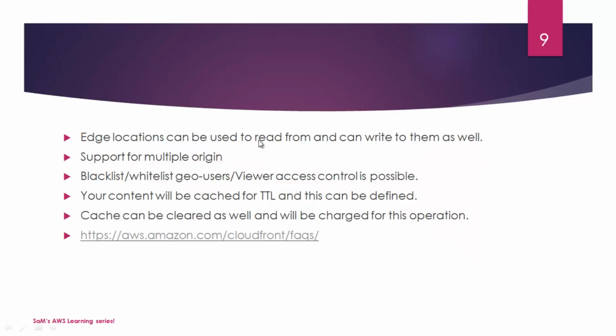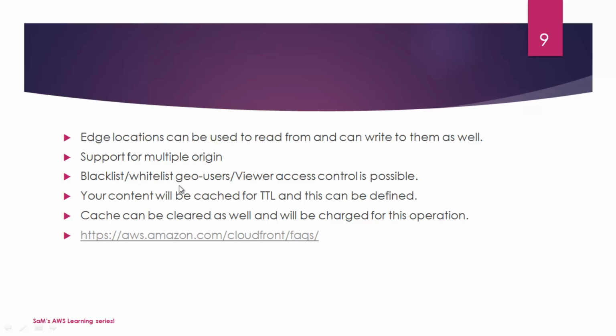Edge locations can be used to read from and write to as well. The edge locations, or the CDN server, maintain a cache wherein they store the web contents, and they can read and write to that cache. It supports multiple origins.